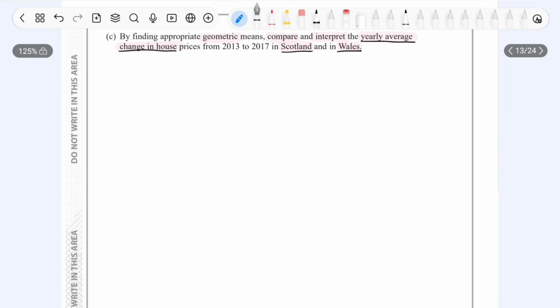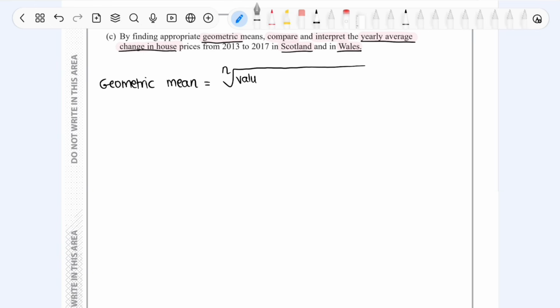And now we need to find the geometric mean. The geometric mean takes a formula, and that is as follows. The formula is the nth root of each value in your sample set, up to the nth value, so you just take the nth root of it when you multiply them all together.